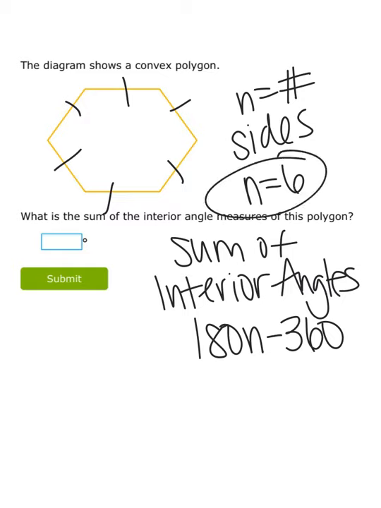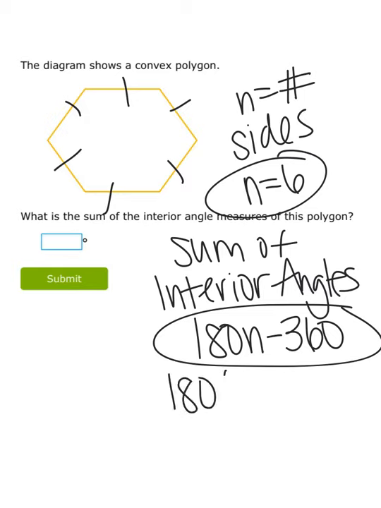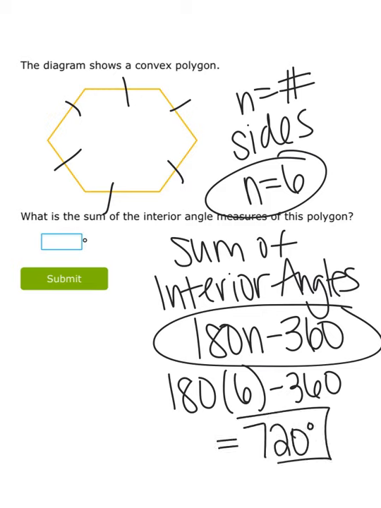So I would plug in n equals 6 into this formula. So I would have 180 times 6 minus 360, which would give me 720 degrees, which is what we found whenever we did the table at the very beginning of our notes. So I would submit 720 degrees.